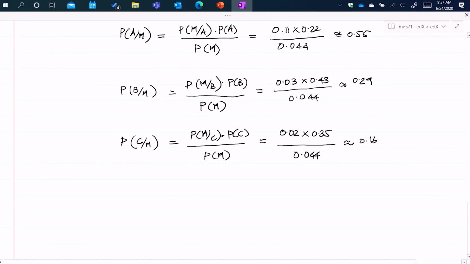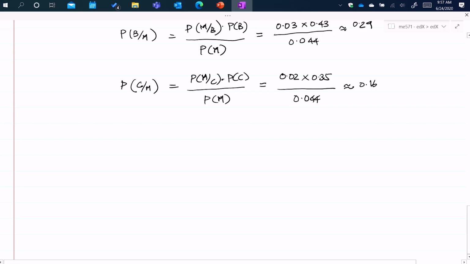So if we find a flawed part, there's a 55% probability that it was made by a member of group A, 29% probability that it was made by a member of group B, and 16% probability that it was made by a member of group C.